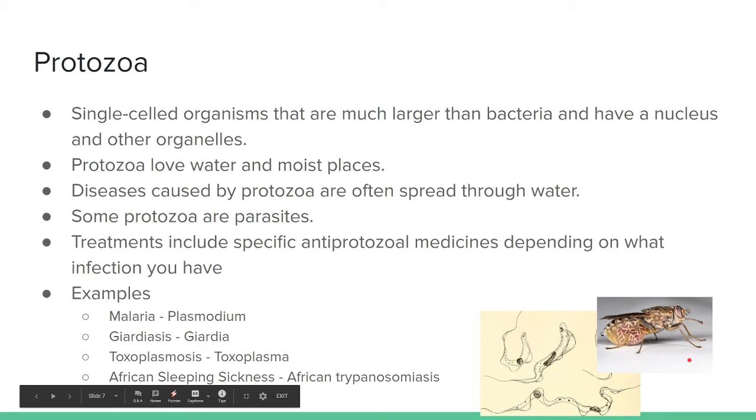If you get bitten by a tsetse fly, there's a chance that it could transfer these protozoa into you if they happen to be carrying them. Like I said, obviously by the name, it's more common in Africa than in the rest of the world because they do need the tsetse fly to be able to transfer the protozoa.